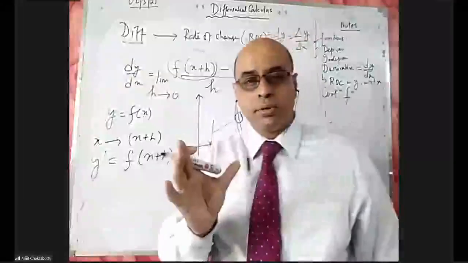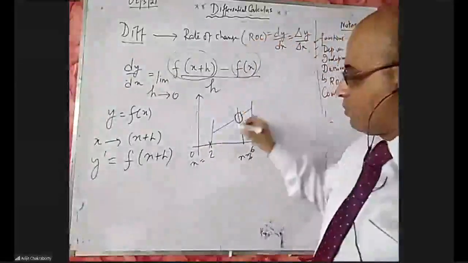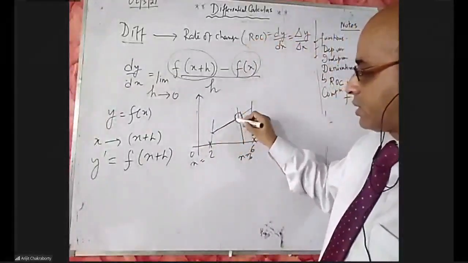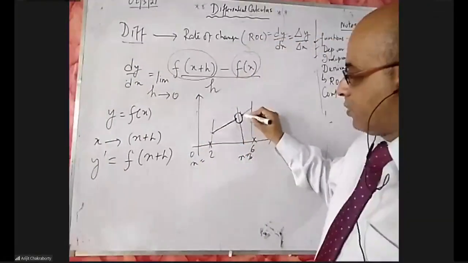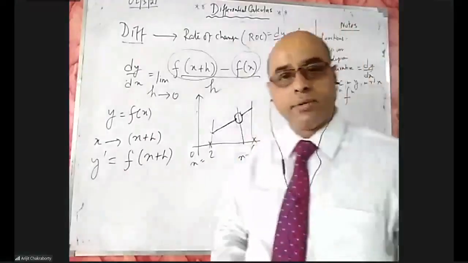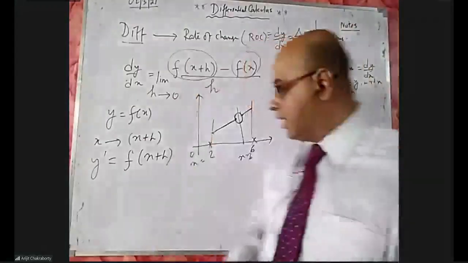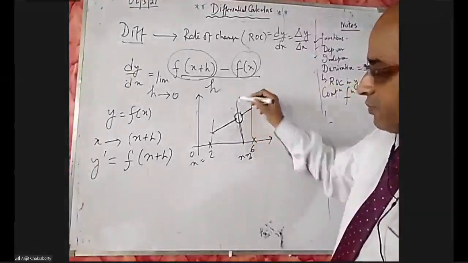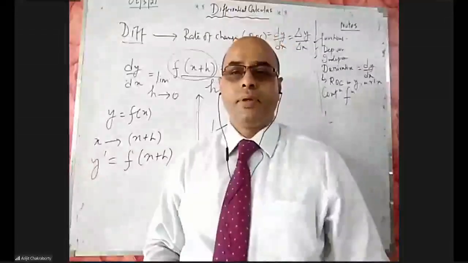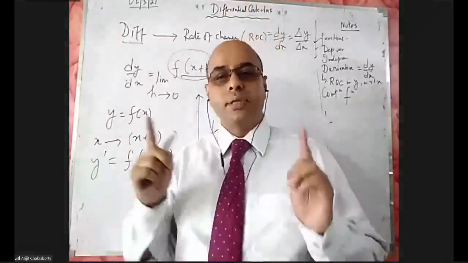It's an empty zone, right? So from here to here, the line is continuous. There's a break. And again, from this point to this point, the line is continuous. But there's a break in between. So for a certain value of x, if I put x here, I won't get a value of y. This means the function is not continuous.